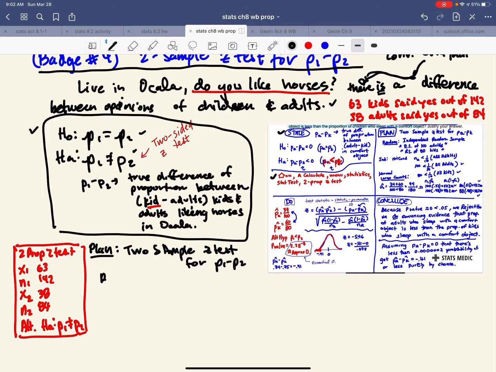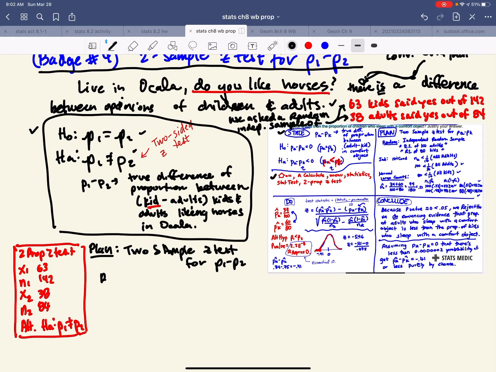And we have to make sure it's random. So we asked a random independent sample of blank and blank.